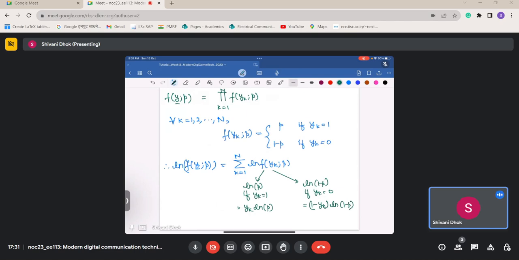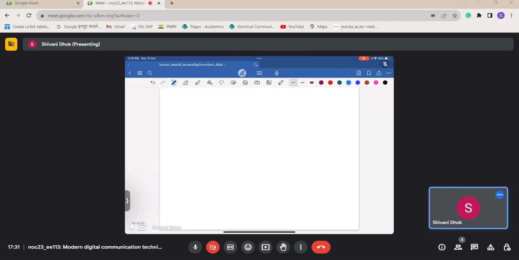Okay, so this log term, log of f of y given p, is equal to summation k equal to 1 to capital N of yk times log p plus 1 minus yk times log of 1 minus p.